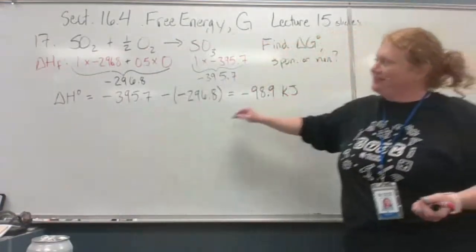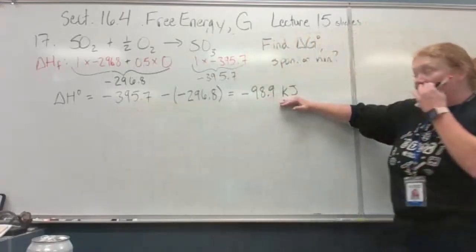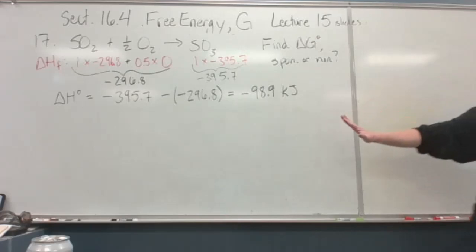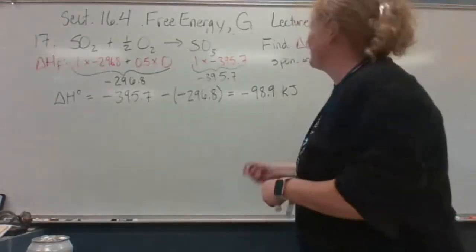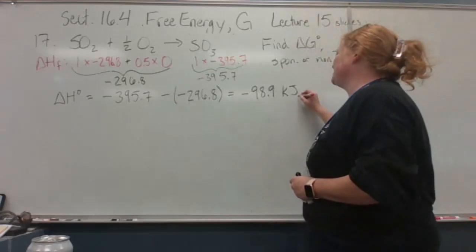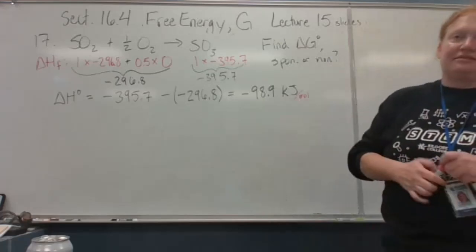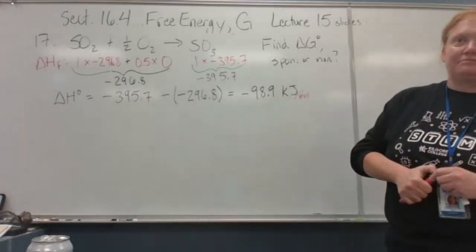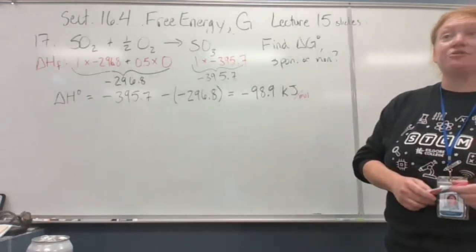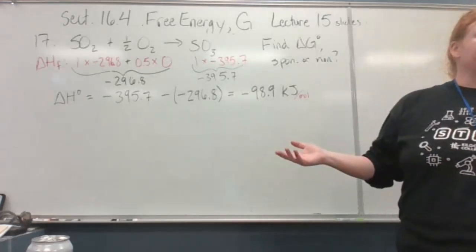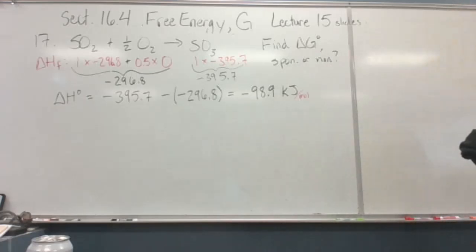And so technically, this is just the amount of kilojoules total. So really, the real correct unit here is kilojoules. However, I have seen on Aktiv Chem a lot of times, sometimes they will still include the per mole. So I'll accept it as well, because I don't want you to get too confused. So you can either write kilojoules or you can write kilojoules per mole. I don't care which one. I mean, technically it's kilojoules.